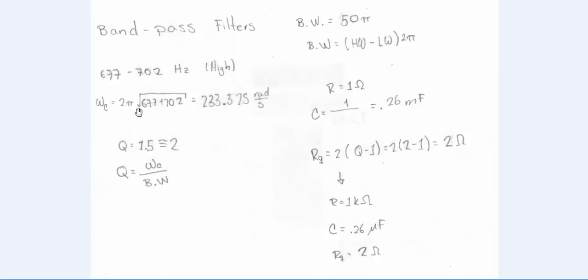and for the cutoff frequency we have this formula that is 2 pi times the square root of the summation of the frequency that we decide as the range of our filter.